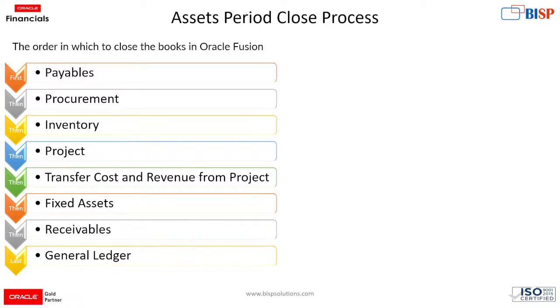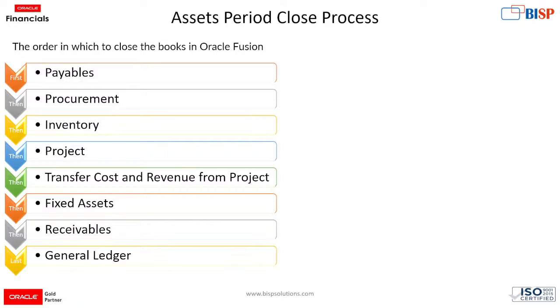You can see, close payables before procurement. This is done to take into account purchasing accruals at the period end, to accrue the expenses on uninvoiced receipts. Close payables before closing inventory.